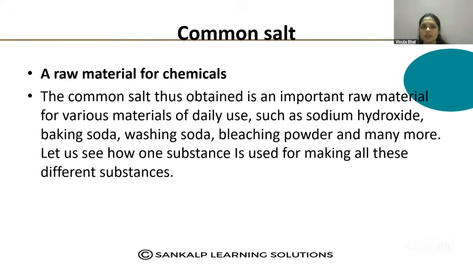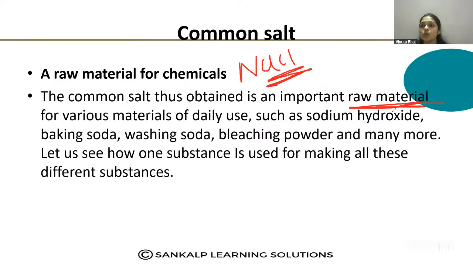Then common salt. The common salt thus obtained is an important raw material for various materials of daily use. From common salt, NaCl, this is the basic raw material. What is the meaning of raw material?